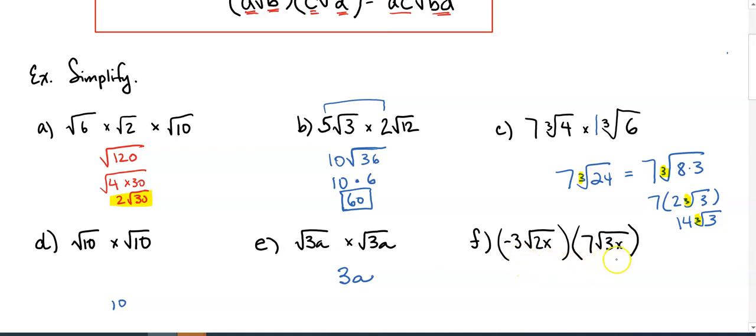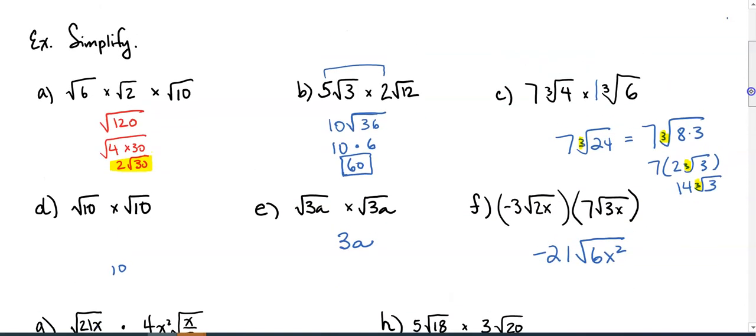So I can get variables involved over here. So the negative 3 times the 7 is negative 21. And then I could write this out again, so you get faster. You may notice that x times x is x squared, which becomes x, but we can take it a little slower. We can get 6x squared, and then try to simplify the radical here.